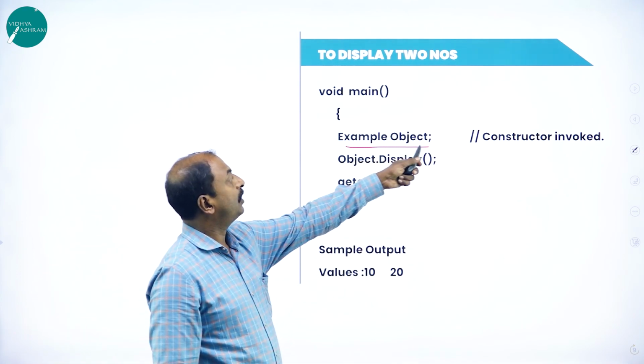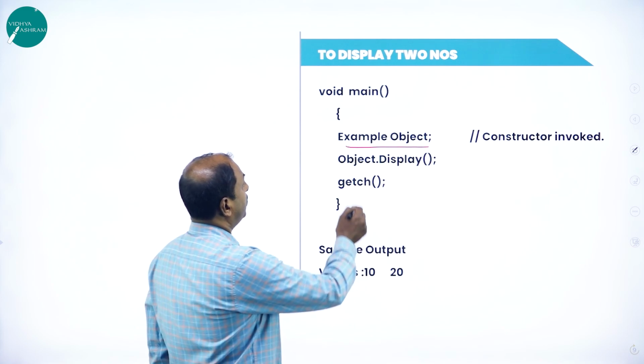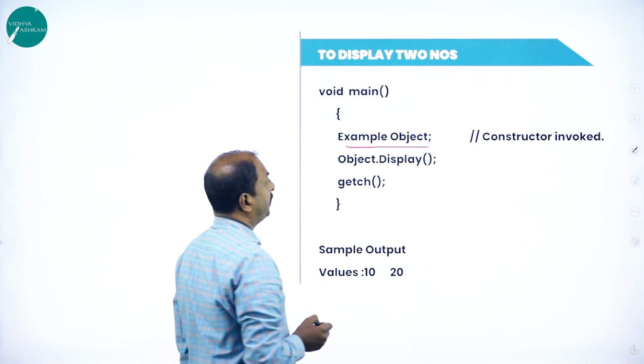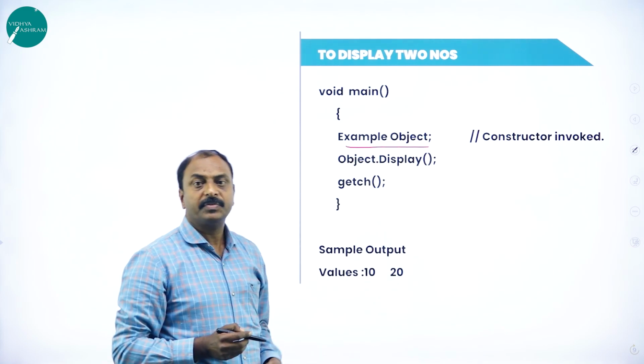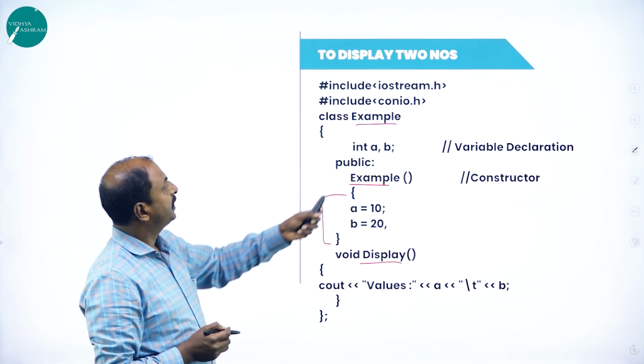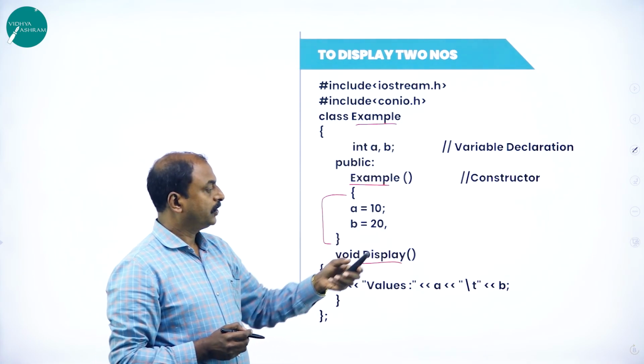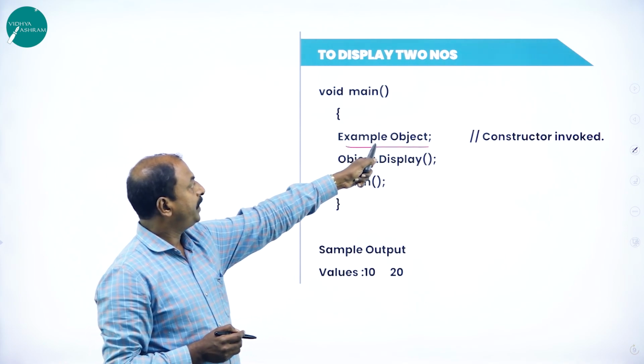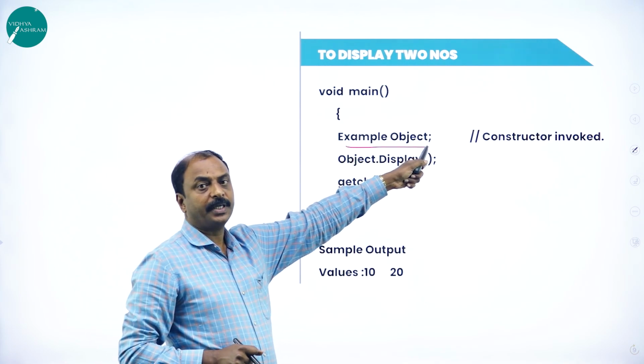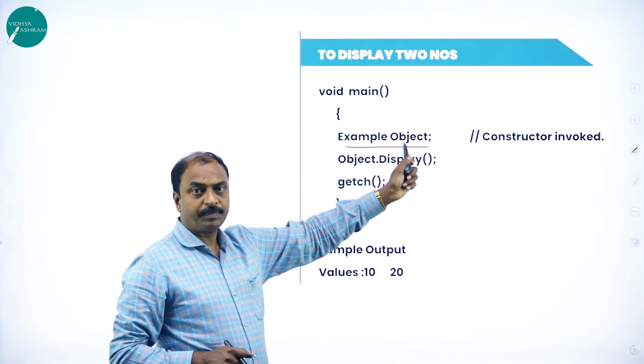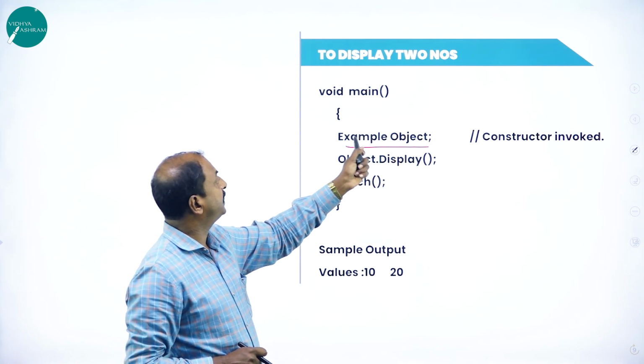So we have to create an object of a class. This is example space object. Here example is the name of the class. Object is an identifier. So in this example, it is an object of the class example.